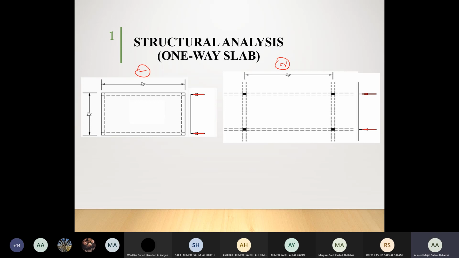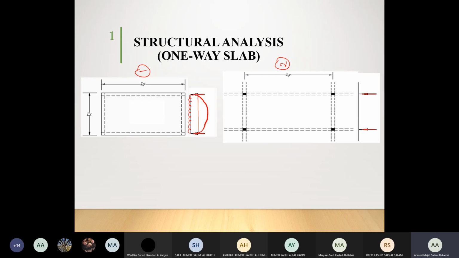Okay. Now after we understood the free body diagram or the idealization, drawing the bending moment wouldn't be a problem. Okay. Now the loading in the slab is normally uniformly distributed. Now if you are having a uniformly distributed load on a strip or in a span which is having two supports only, you will end up having a bending moment of the shape.